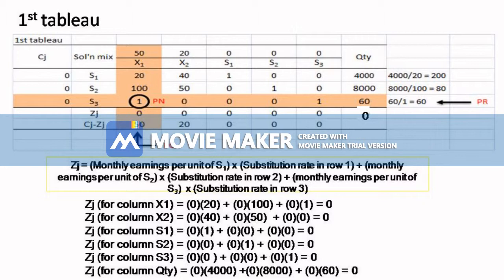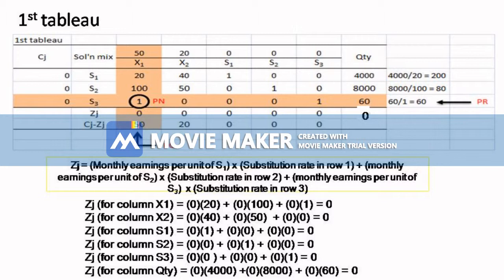So we can solve the ZJ by using the formula shown in the picture. ZJ equals monthly earnings per unit of S1 times substitution rate in row 1 plus monthly earnings per unit of S2 times substitution rate in row 2 plus monthly earnings per unit of S3 times substitution rate in row 3.